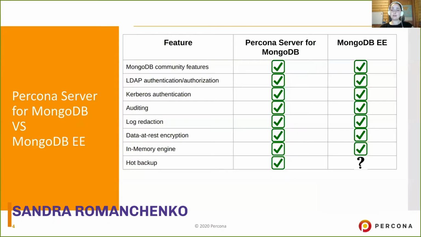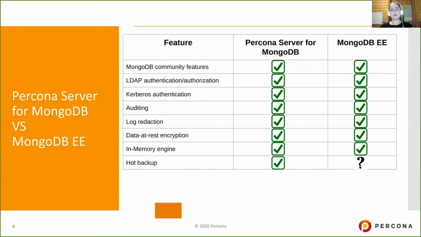So let's start with what Percona Server for MongoDB is. It's a solution based on MongoDB Community Edition with extra features and functionality built on top of it. Here on the slide, I've added a small comparison table of features available in Percona Server and in Enterprise Edition.